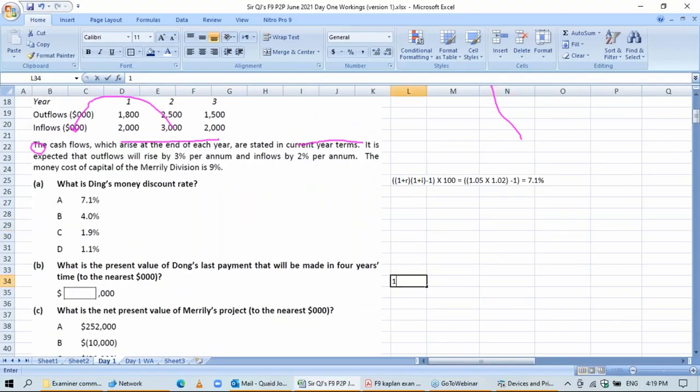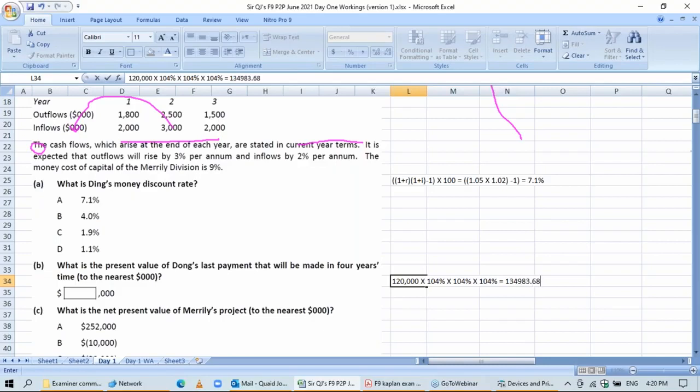So it's 120,000 multiplied by 104%, multiplied by 104%, multiplied by 104%. So this gives you 134,983.68.